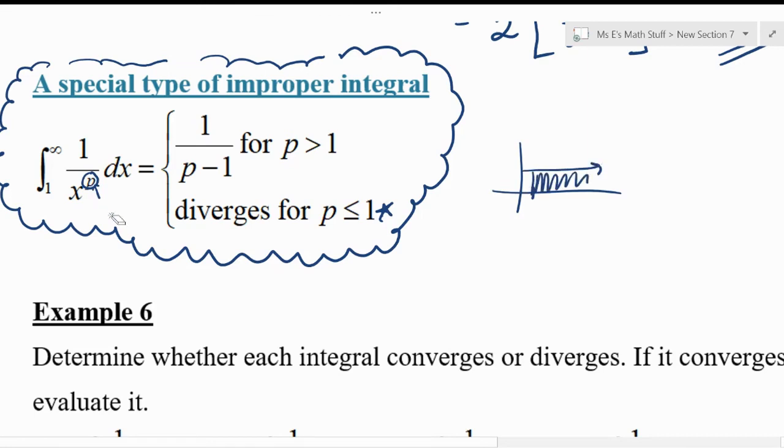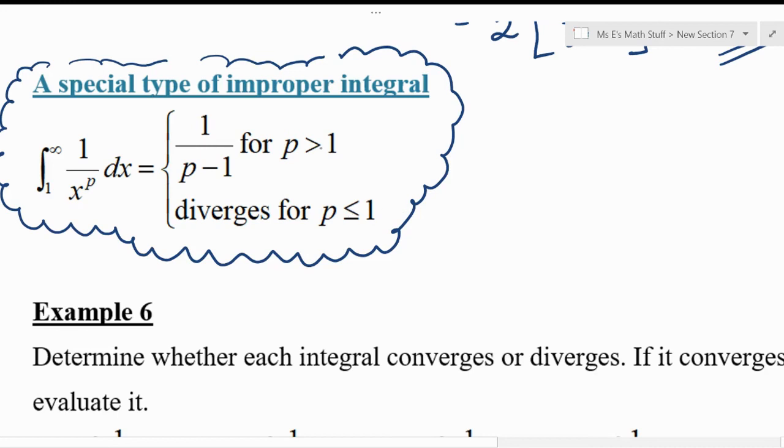If your p value was negative 1, then you'd have y equals x as your graph. And of course, that would diverge. So hopefully it makes sense that the threshold for convergence or divergence is 1. If your p-value is 1 or less, then this would diverge to infinity.